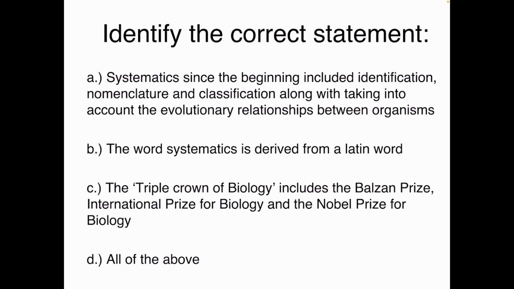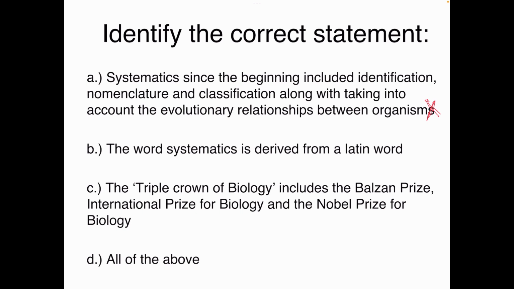No, this is not a correct statement. Initially, systematics took into account the evolutionary relationships between the organisms. Later, it started to include the taxonomy as well. Okay, so this is a wrong statement.